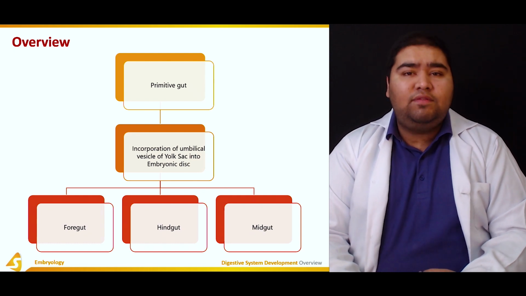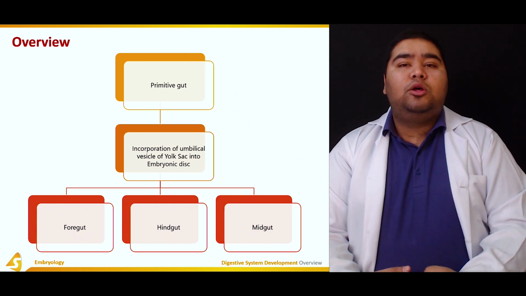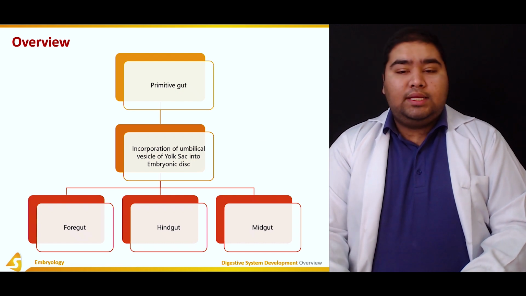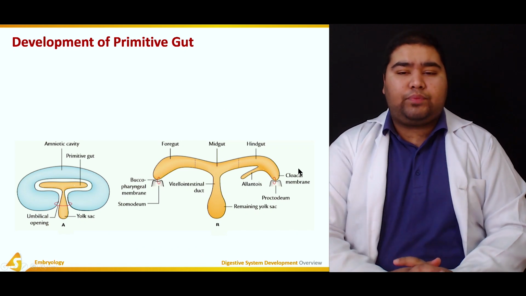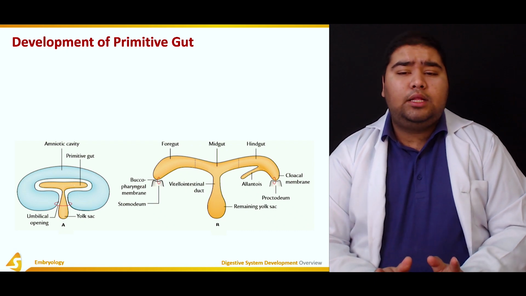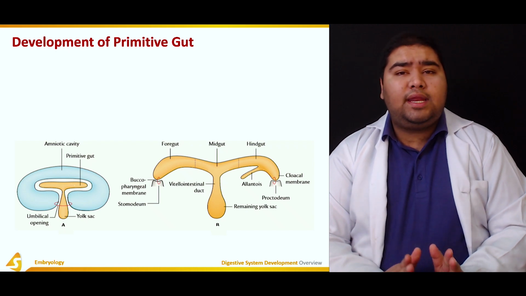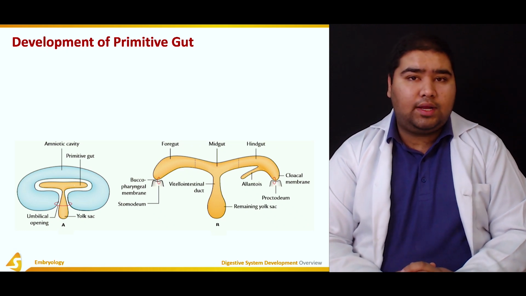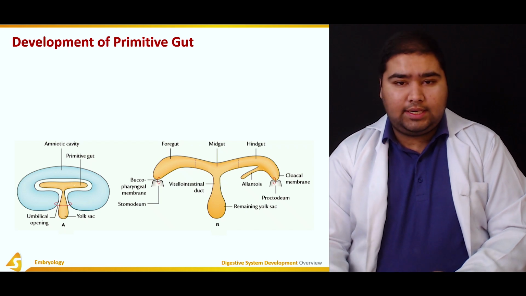It results in the formation of three segments: the foregut, the midgut, and the hindgut. This differentiation is according to the communication with the yolk sac. The section communicating with the yolk sac is the midgut. The section cranial to the midgut is the foregut, and the section caudal to the midgut is the hindgut.